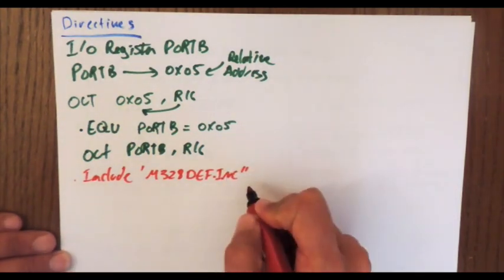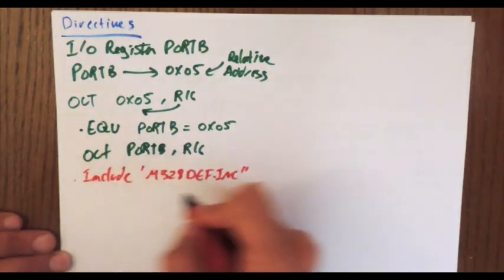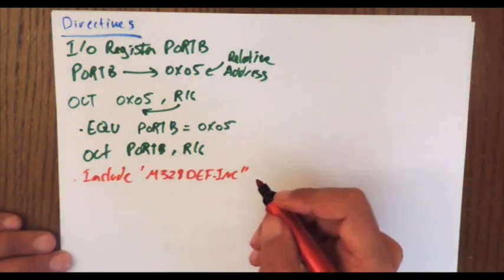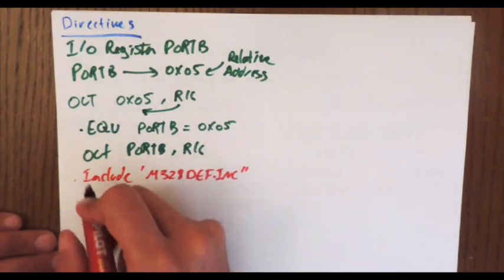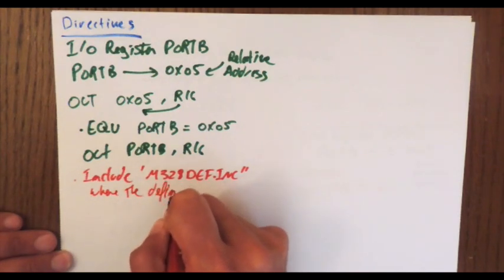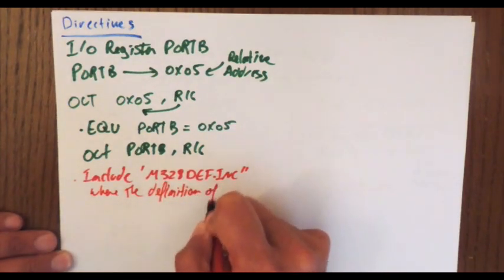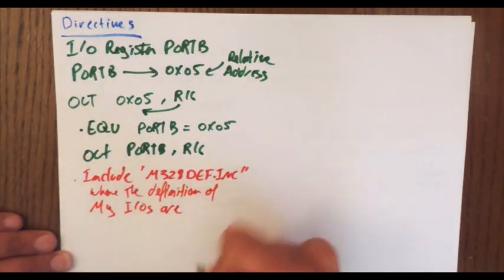So this file has all the definitions for all the I/O ports, and many other information. But for us, for now, let's say this is where the definitions of my IOs are, and many other stuff.